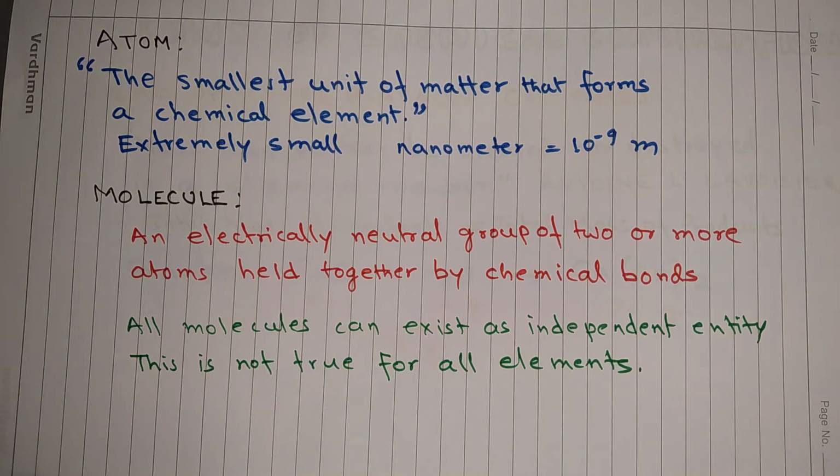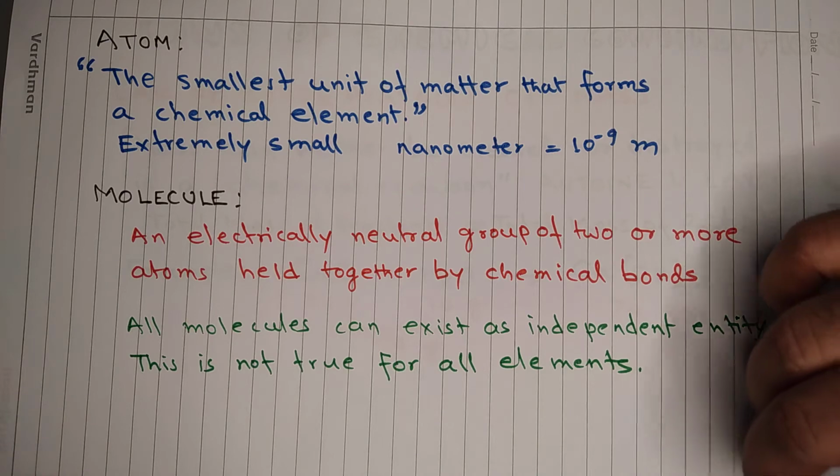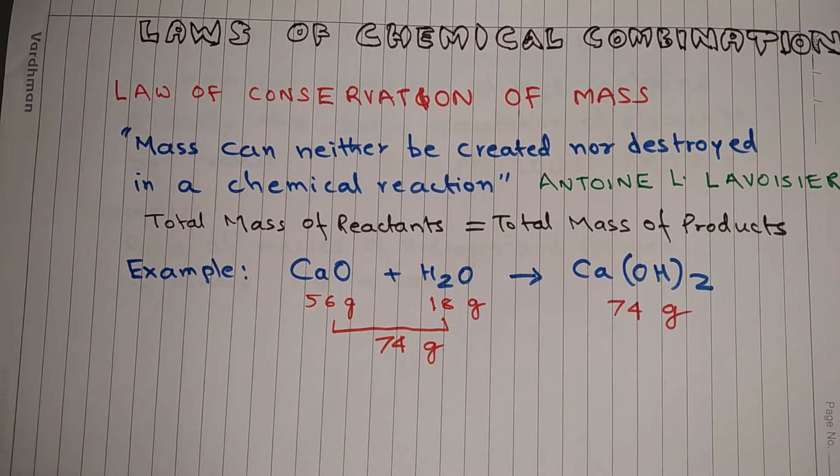Because of being electrically neutral, molecules can exist as independent entities. But this is not true for all elements, because most of the elements are highly reactive, so they cannot exist as independent entities. Some of the elements do exist as independent entities.